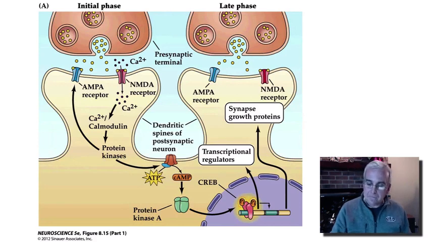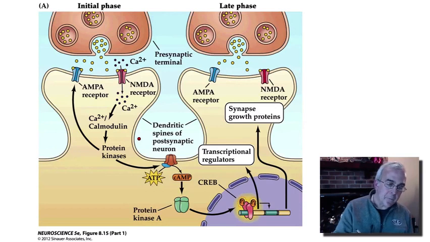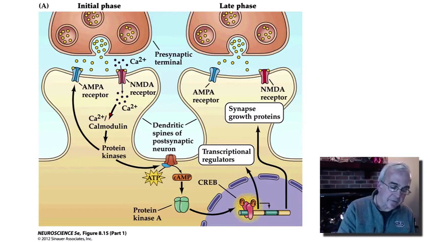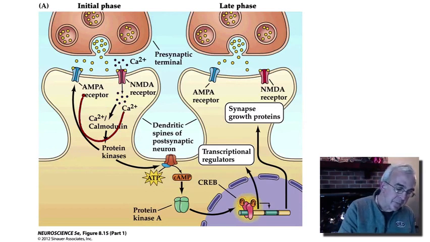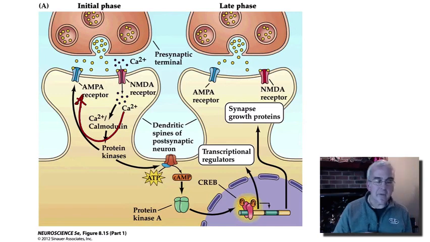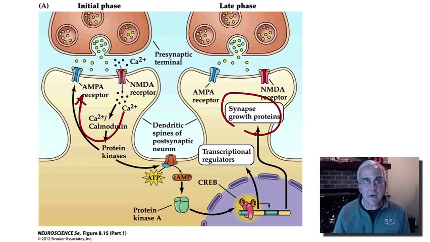And that's possible following long-term potentiation. So in the early phase of long-term potentiation, we may see a calcium-dependent increase in the number of AMPA receptors that are inserted, as we've been discussing. But one might also see the growth of new synaptic spines, new synaptic connections between presynaptic elements and postsynaptic dendrites.